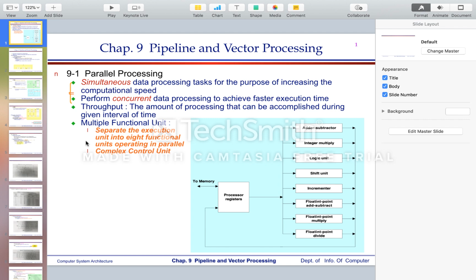Another type of parallel system may also have multiple functional units. As you can see in this diagram, we have different functional units for arithmetic, logic, and shift operations. Further, we can also have different types, let's say integer and floating point adder-subtractor, floating point multiply, and floating point division. So separately, these units can also be there.